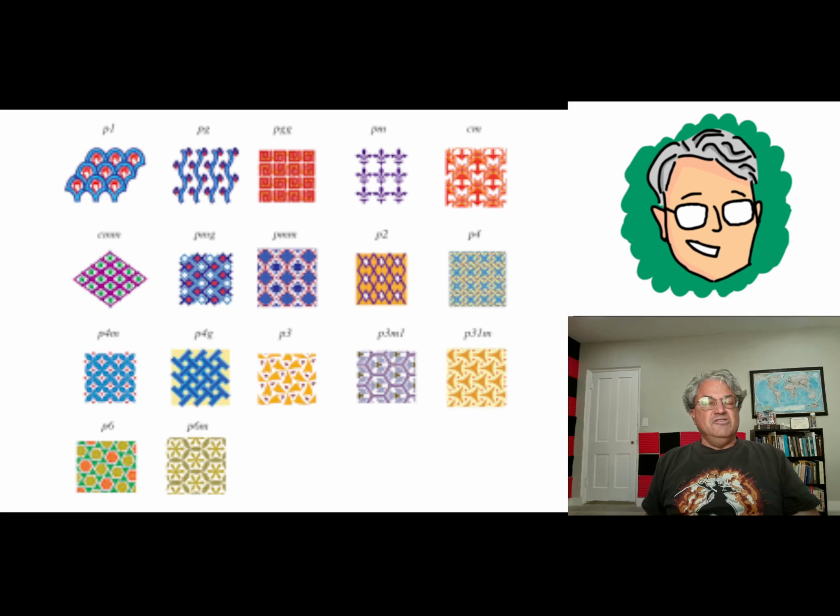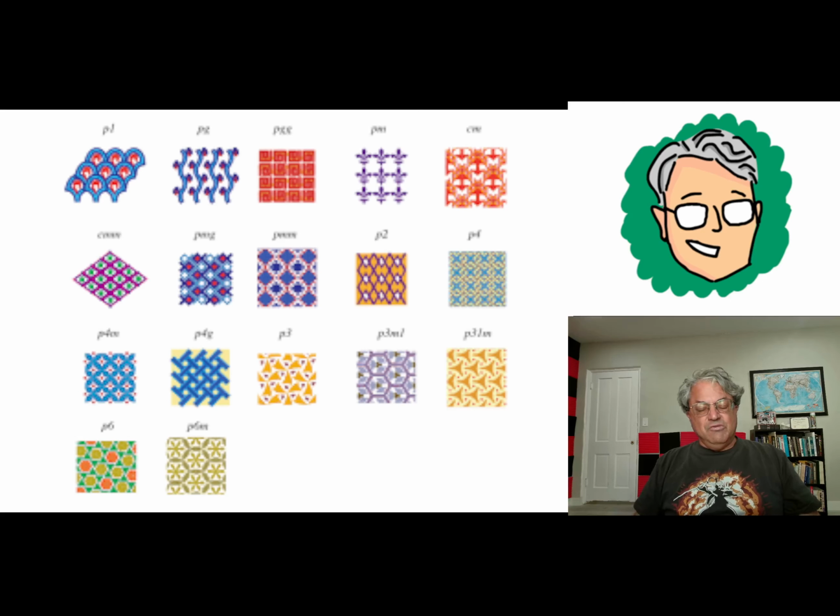I don't know if anybody's classified in dimensions bigger than 3. I'm pretty sure that some people have, but pretty amazing, I think, that all 230 crystallographic groups have been identified and classified. I'll talk about that, I think, in the next video, but I'm not going to go over all 230. But anyway, I am going to go over all 17 of these wallpaper patterns.